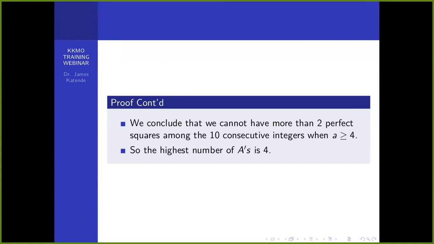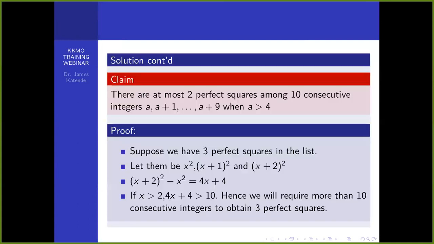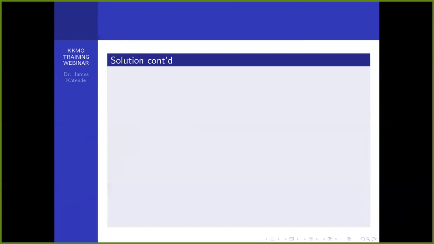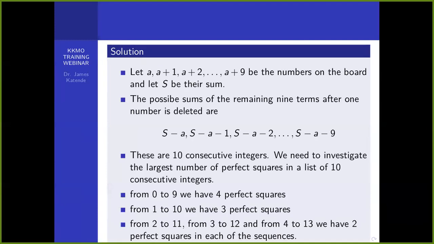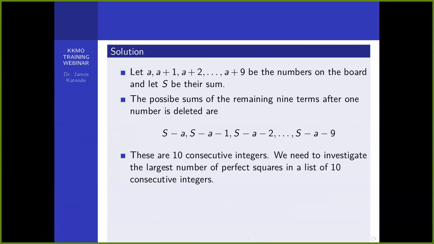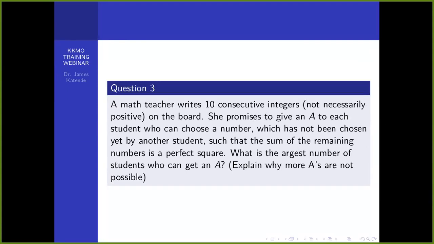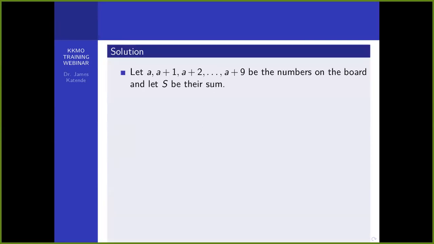Okay, thanks. It's possible there was some ambiguity in the statement of the question. So maybe I should have added "such that the sum of the remaining 9 numbers is a perfect square." Makes sense. Yeah.